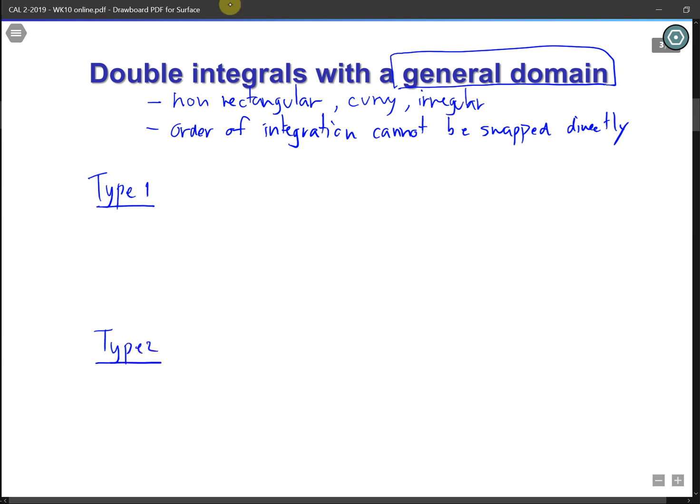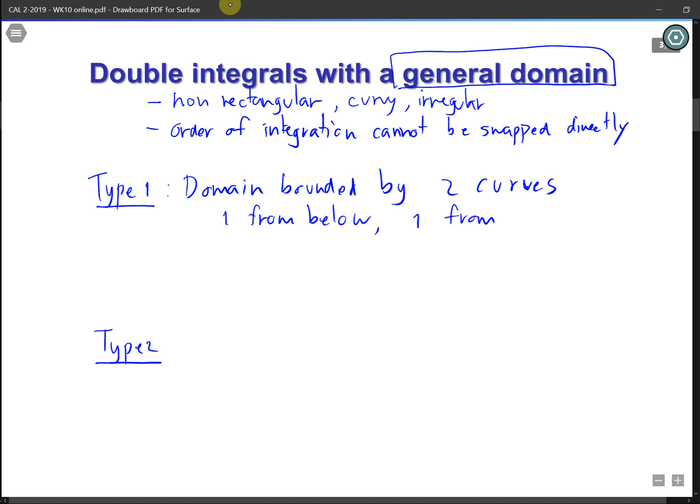Type 1, the property of this type 1 is that the domain is bounded by two curves, one from below and one from above.